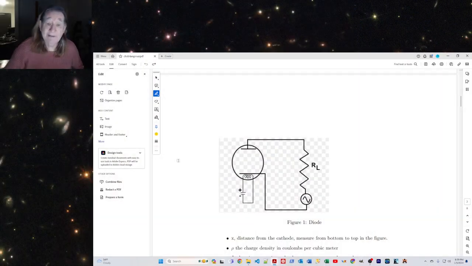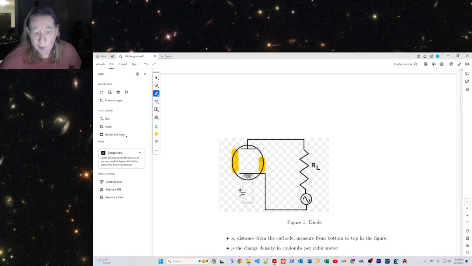So what is a vacuum tube? Well, I've indicated it in this schematic diagram right here. This circle is the vacuum tube. It's a glass bulb where all the air has been removed. This is a diode, meaning it has two main components, the cathode right here and the anode right here.